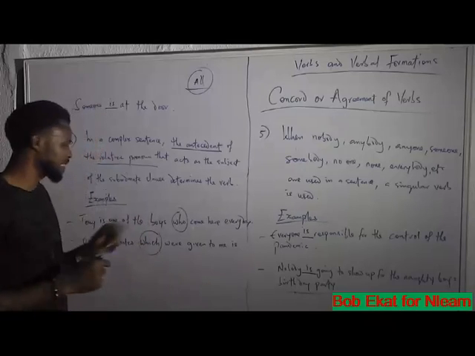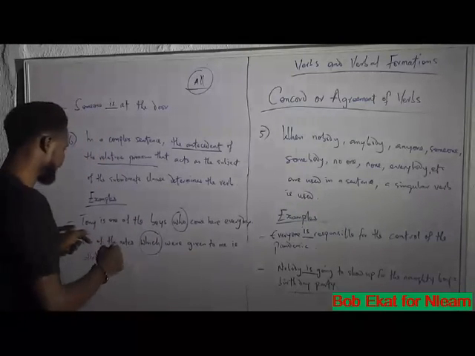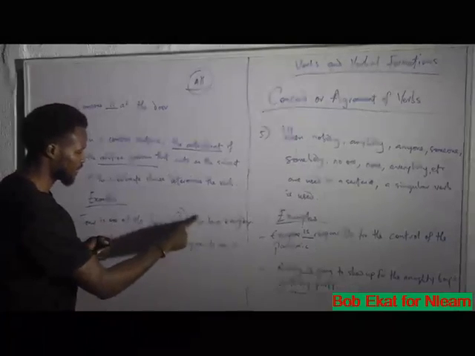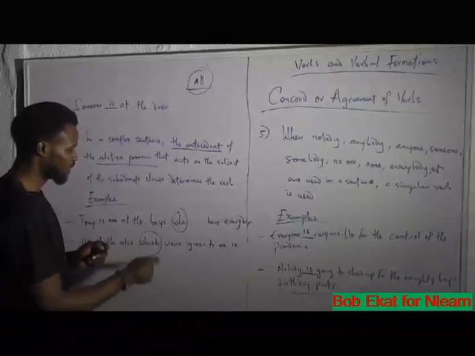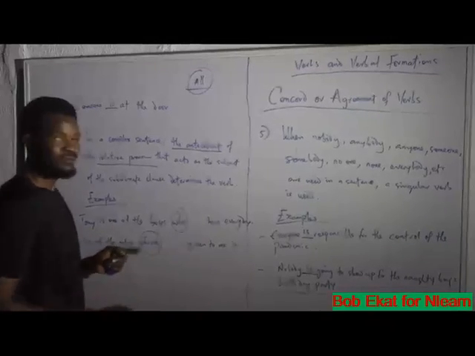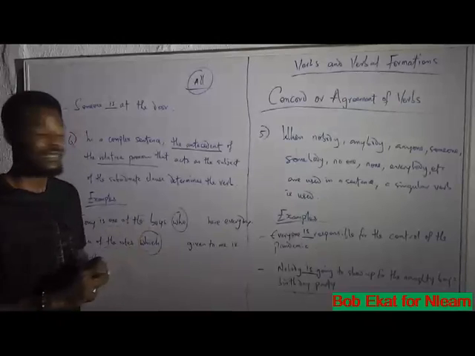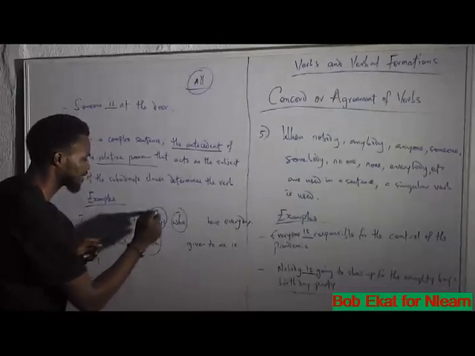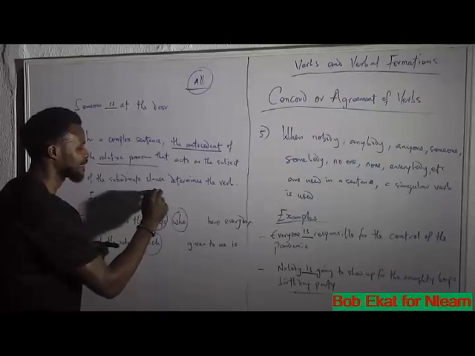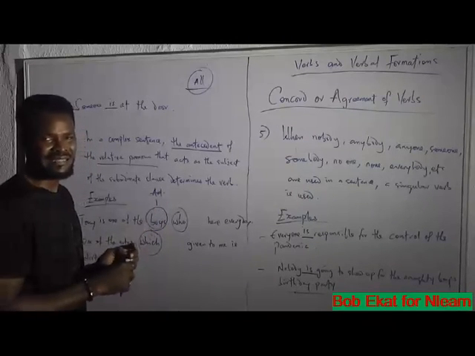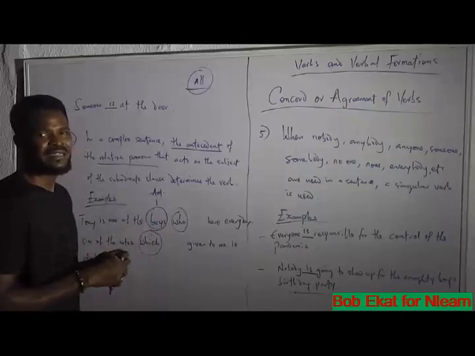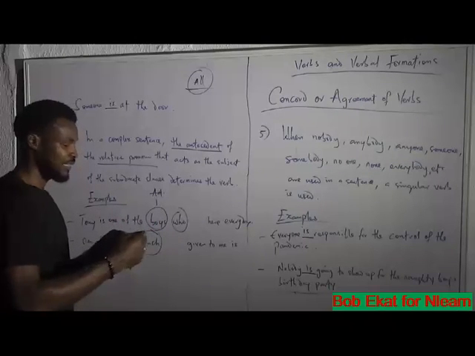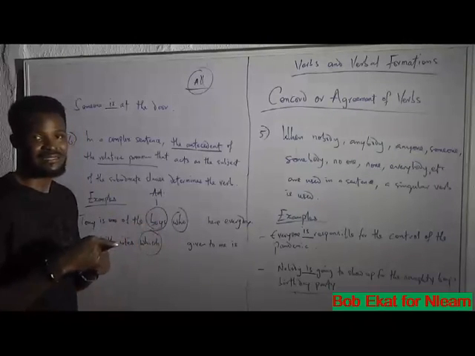The subject of a sentence which a pronoun replaces most often. So what is the antecedent of this first sentence? Tony is one of the boys. Boys here is the antecedent. Boys is the antecedent because it is boys that you may need a pronoun in the future of this sentence to replace.